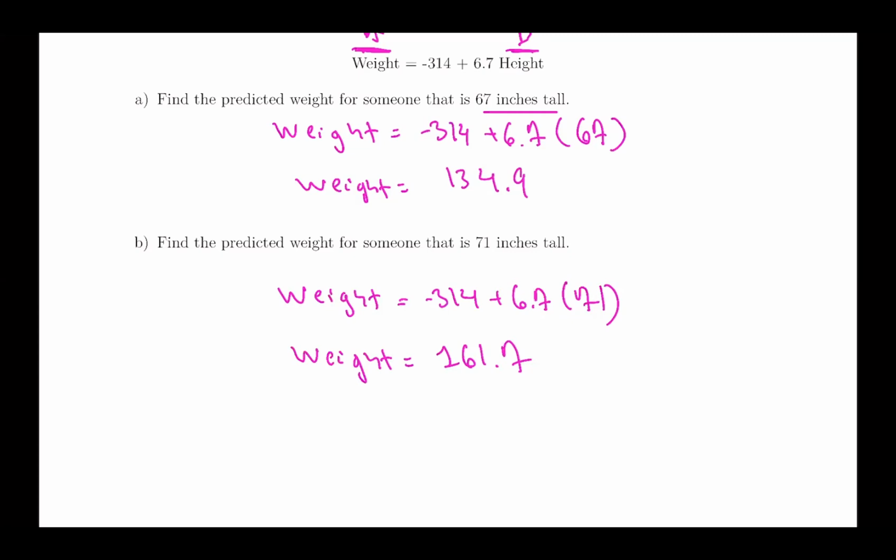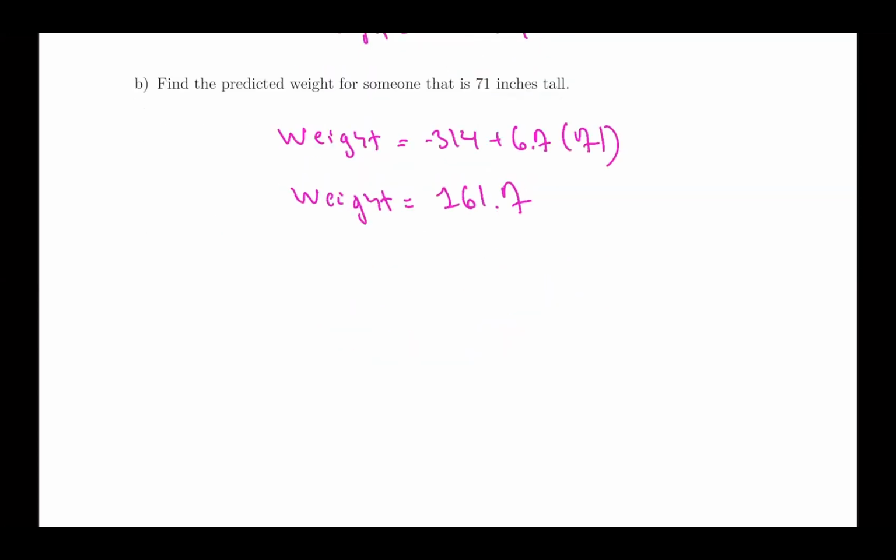Sometimes you'll pay more for the car or sometimes you'll pay less. But the prediction is your baseline of what you should be paying, because you don't want to pay 10,000 for a car that's only worth 5,000. So the predictive model tells you a ballpark figure. Most likely it's not going to be exactly 161.7, but it should be roughly close to that value. All right, so let's scroll on down.